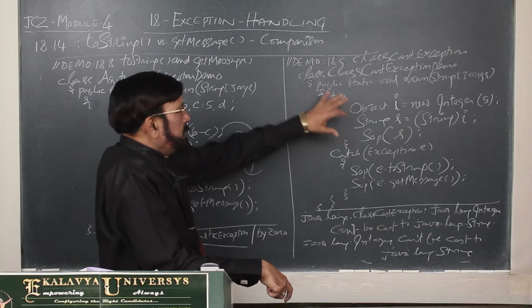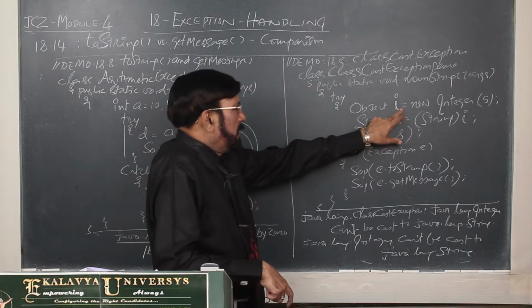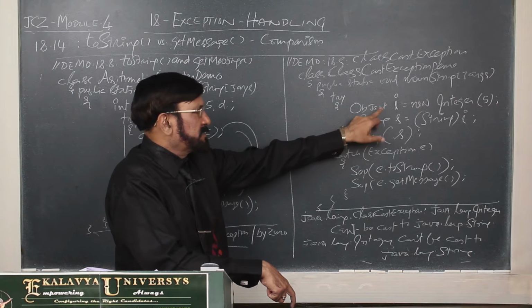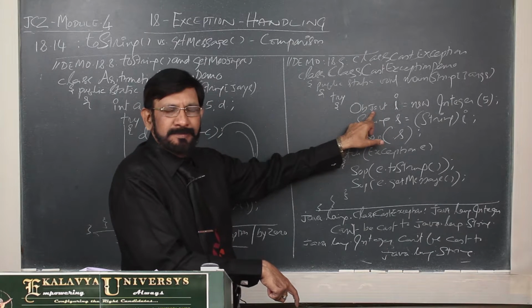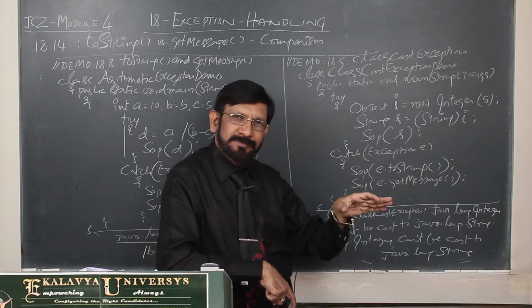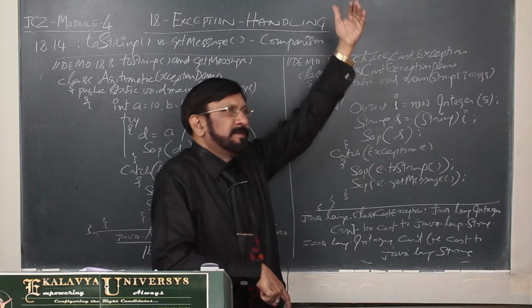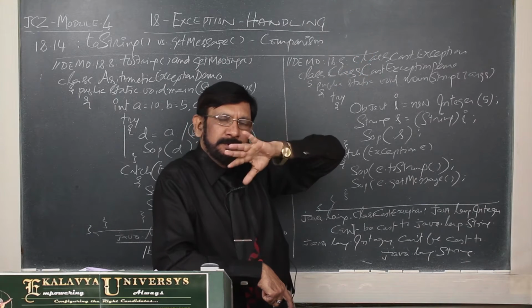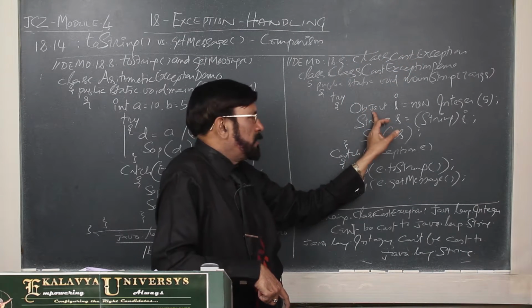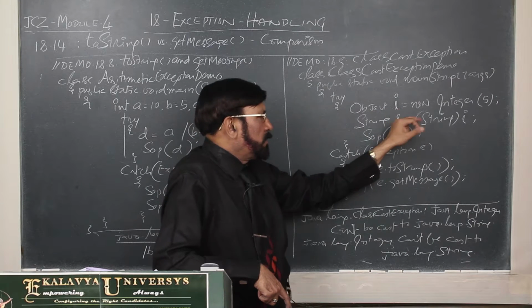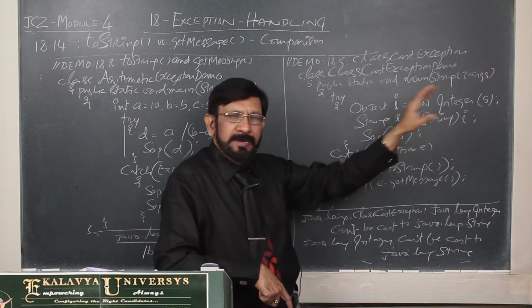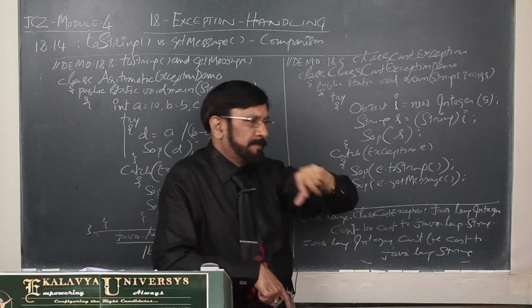Now you see, in this program we have taken Object as the reference type. This can be used for any Java class, because it is at the top of every Java class, so it is compatible. I put new Integer(5). You know that Integer is one of the wrapper classes.